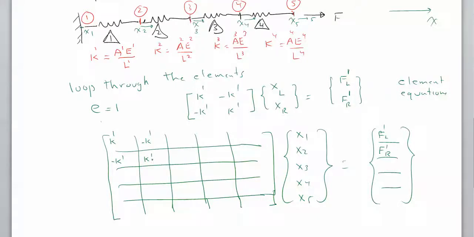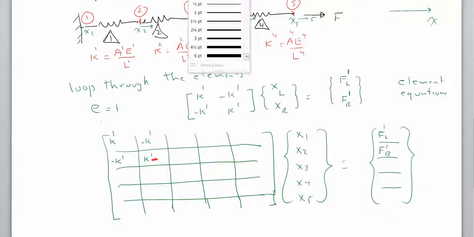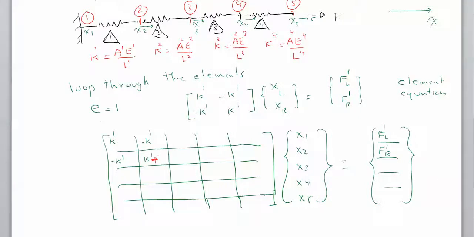So we're going to have plus K2, minus K2, minus K2, K2. It's going to be plus F2 left, F2 right. And then we go to element number 3. We change the color here and assemble it.